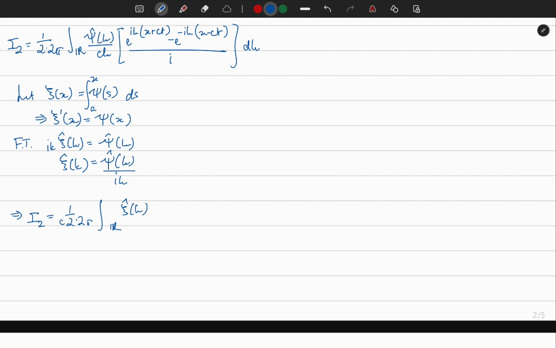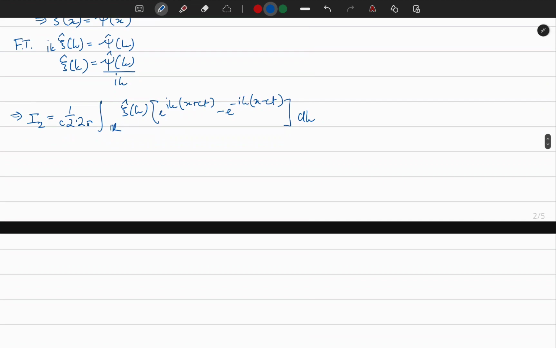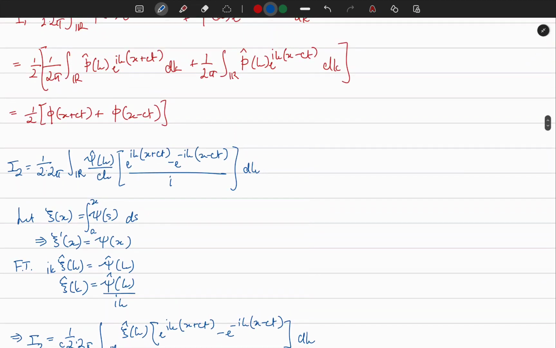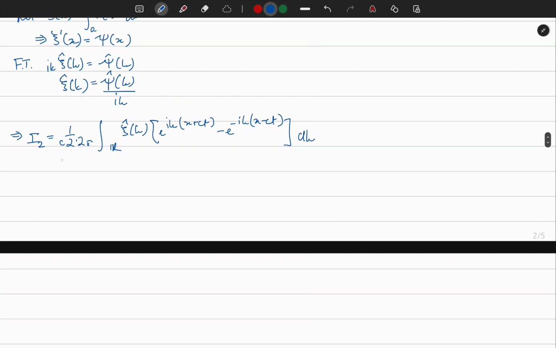And we'll pull out the c as well, we'll put the c right here, of e to the ik x plus ct minus e to the minus ik x minus ct, dk. And if we pull this out, we can use our similar logic up here and eventually reach the fact that this is really equal to 1 over 2c of capital psi of x plus ct minus capital psi of x minus ct.